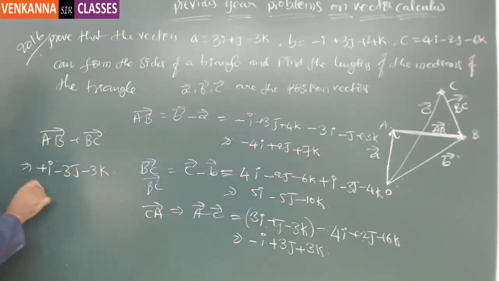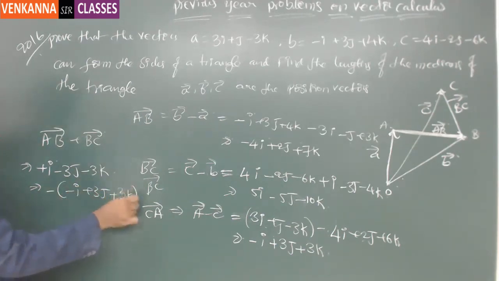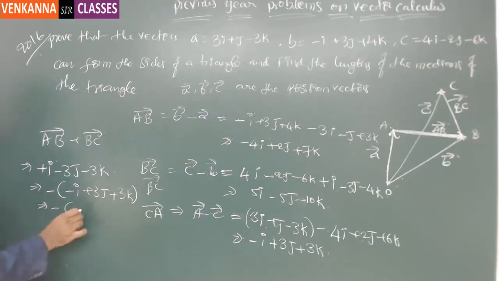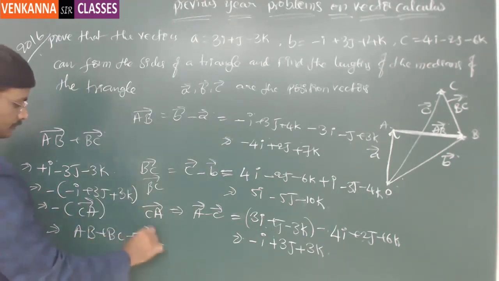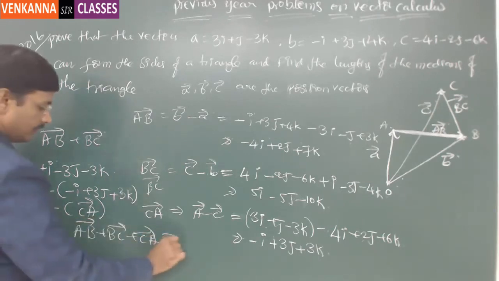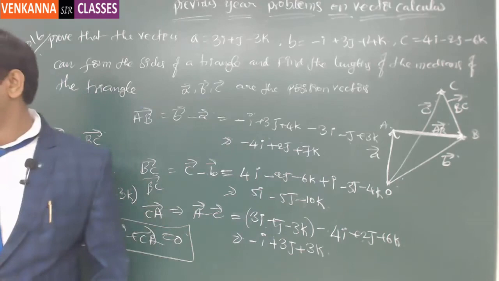If you notice this, it is minus of minus i plus 3j plus 3k, so this is going to be minus of the CA vector. So AB plus BC plus CA, this sum is coming out to be 0. Hence the three vectors will form a triangle.